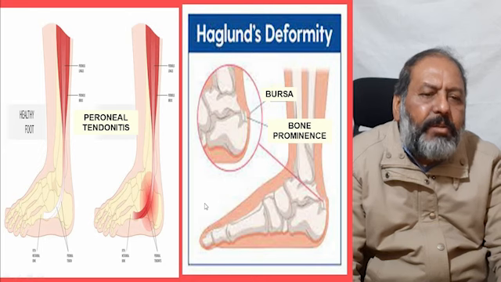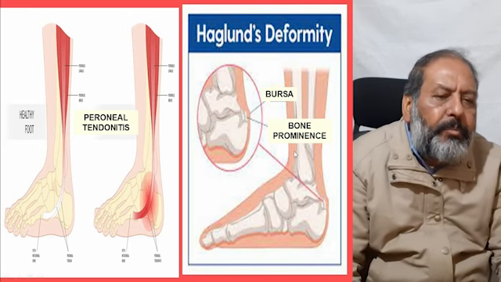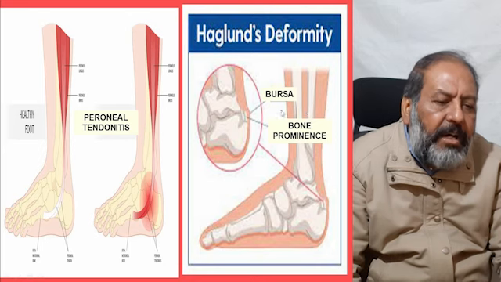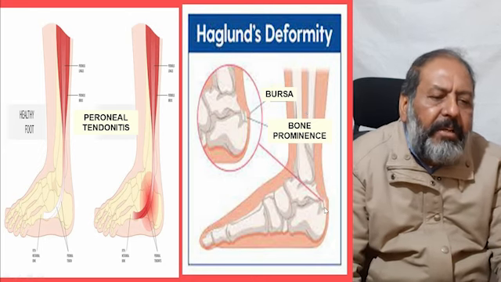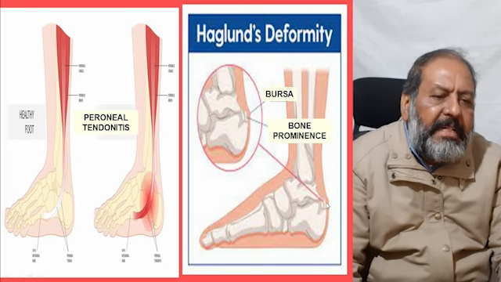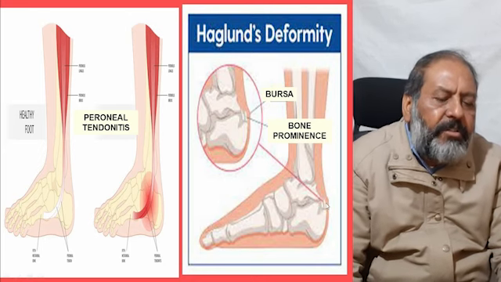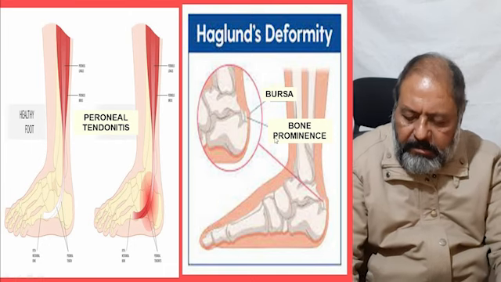And here, in the case of Haglund's deformity, one can see the bone prominence and the bursa. This bone prominence gives the feeling of a calcaneus heel spur, but basically it is just the bursa which is inflamed and the bone prominence, which is called Haglund's deformity.